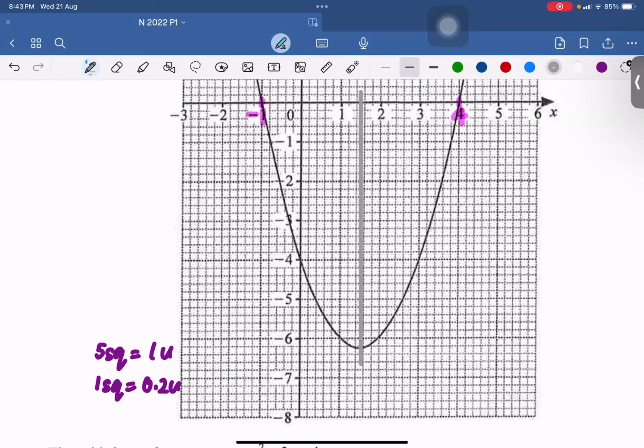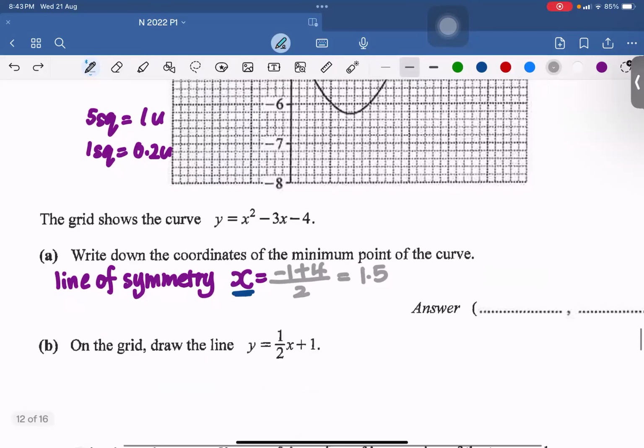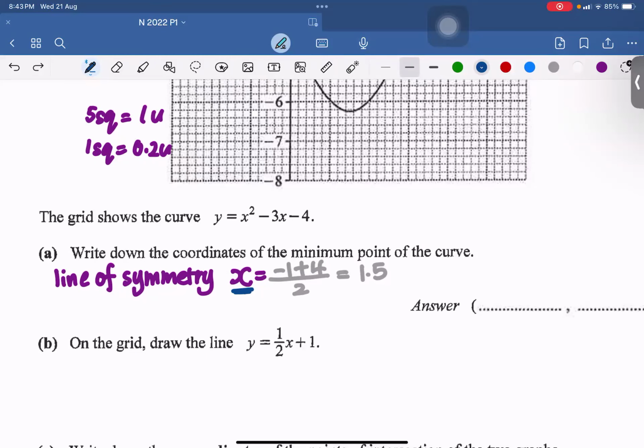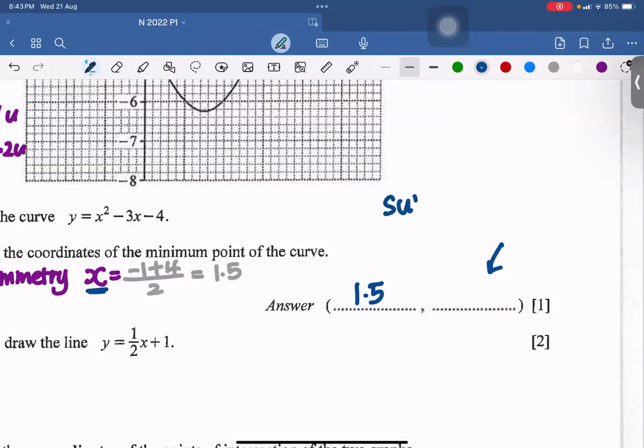It will occur when x equals to 1.5. So what do I need to do? I'm going to substitute x equals to 1.5 into my equation y equals to x squared minus 3x minus 4.